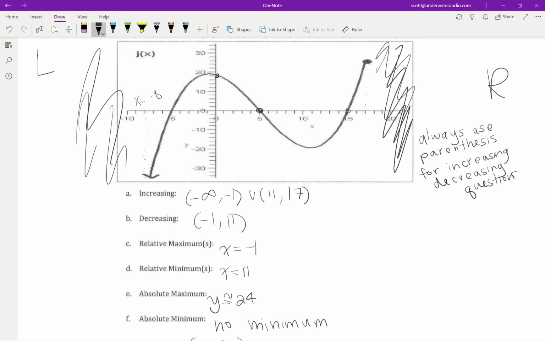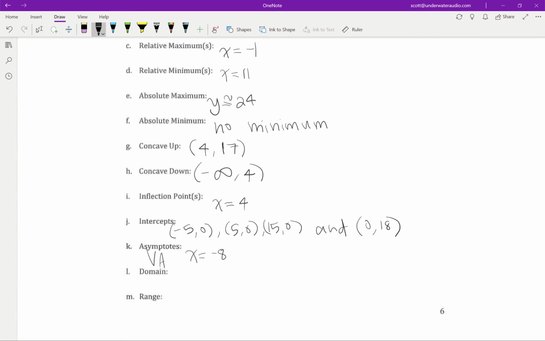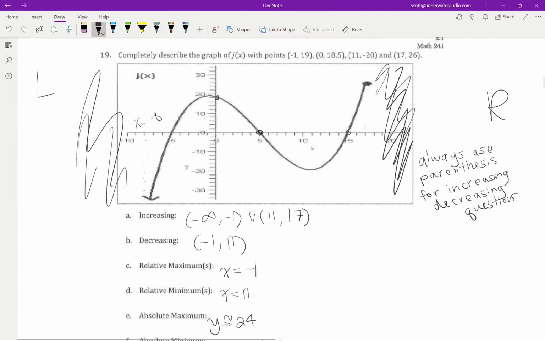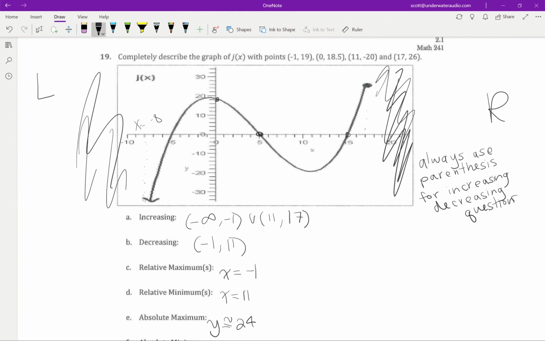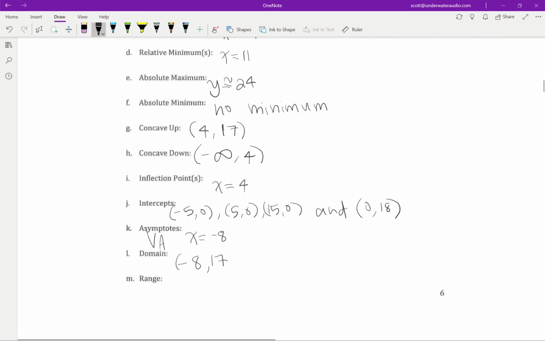So I think on the x-axis, the values that are defined go from negative 8 to 17. And then, so actually we should look at this. Negative 8 is not defined at this vertical asymptote, but 17 is. That's a closed circle, so I want to include 17 with a hard bracket.